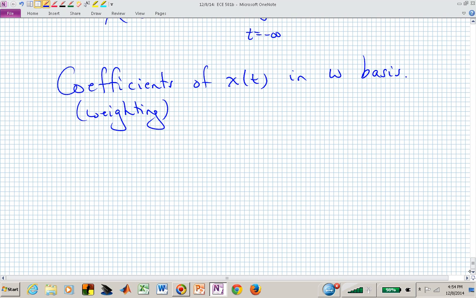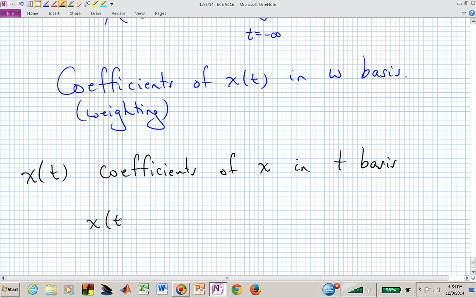And we also could think of x of t as the coefficients of x in the t basis.